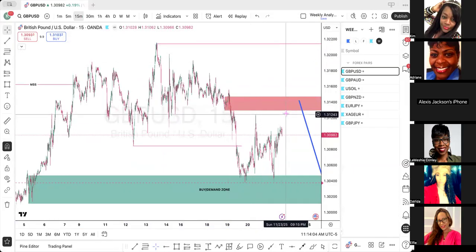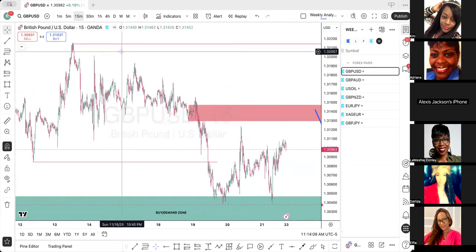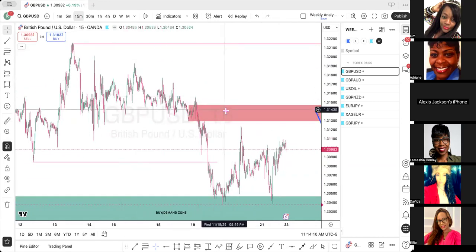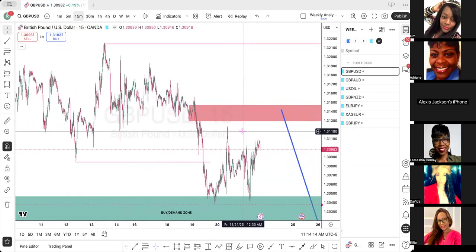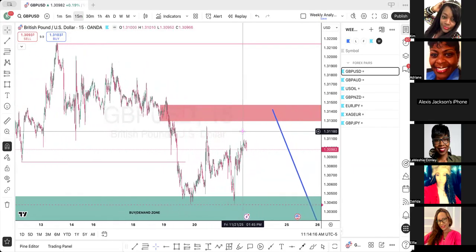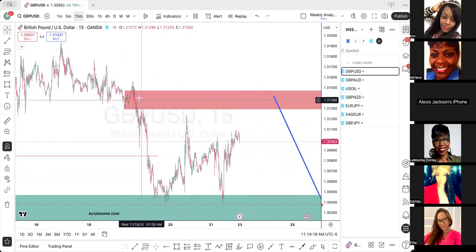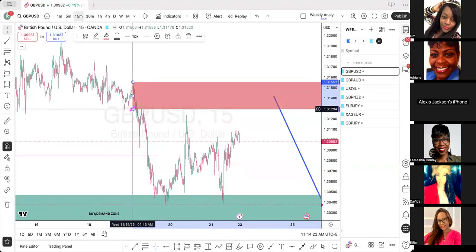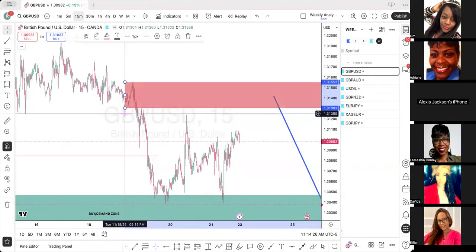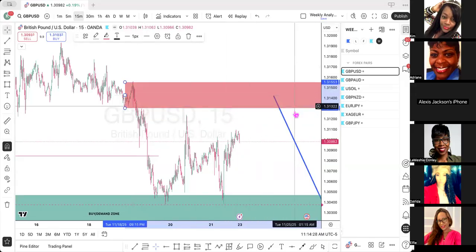So price can buy anywhere, price can come all the way back up here, for all I know. But I would definitely be looking for a shift in structure somewhere in this zone for a sell.